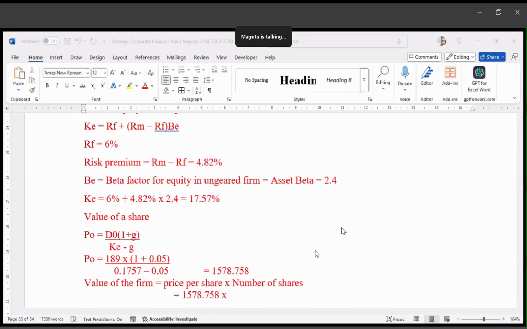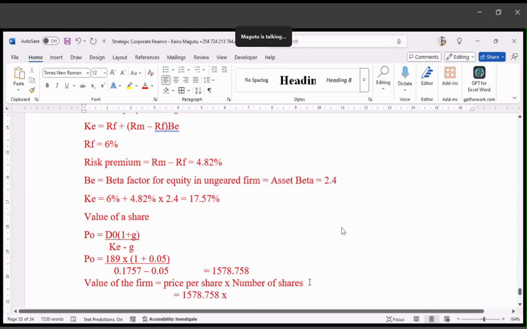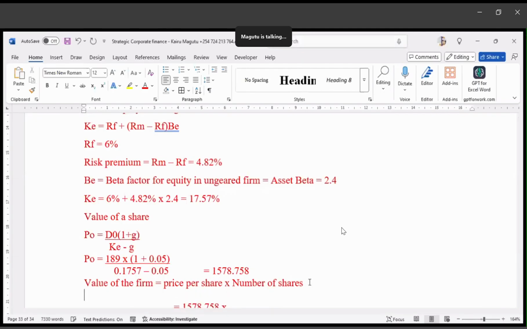We are told that ordinary share capital is 5,200 million at a par value of 1,000. 5.2 billion at a par value of 1,000. So we can therefore say that the number of shares is equal to 5,200 million divided by 1,000.